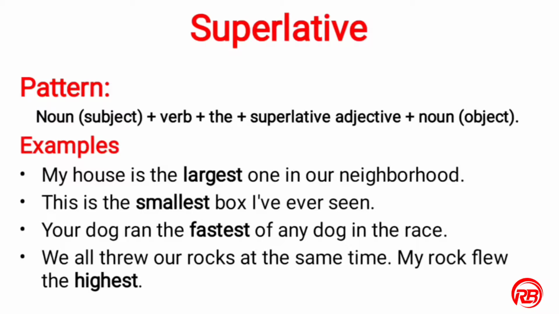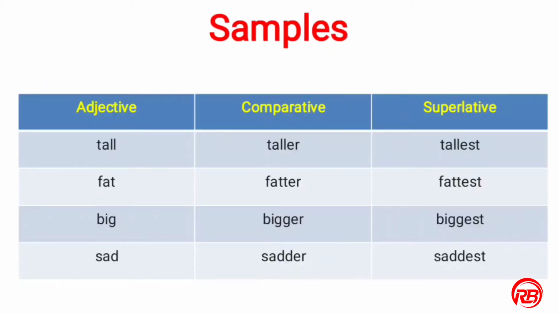In these examples, largest, smallest, fastest and highest are the superlative adjectives. In these examples, one is the subject and another one is the group of words. For example, my house and our neighborhood houses. Here I have given you a few samples for positive degree, comparative degree and superlative degree.